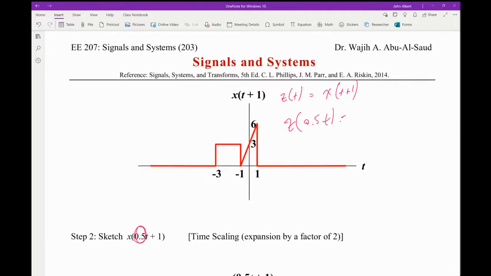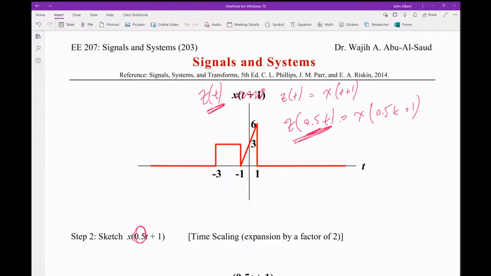Isn't this going to give us x of 0.5 t plus 1? So now I need to think of this as another function. I'll call it z of t, which looks like this. And I'm interested in sketching z of 0.5 t. Forget about x of t now completely. Now I've reached a point where I'm talking about another function which is called z of t.